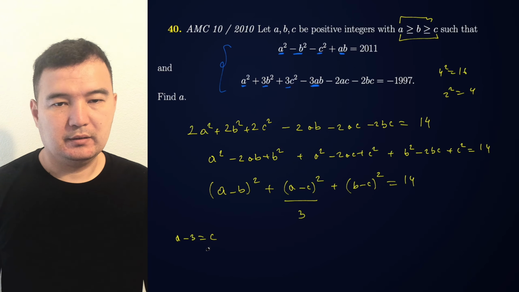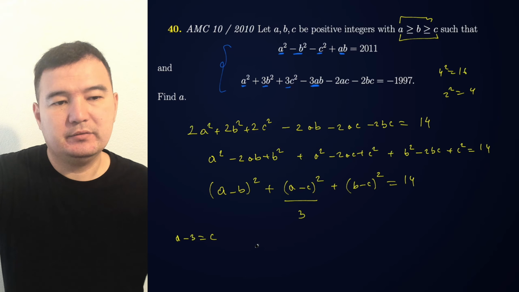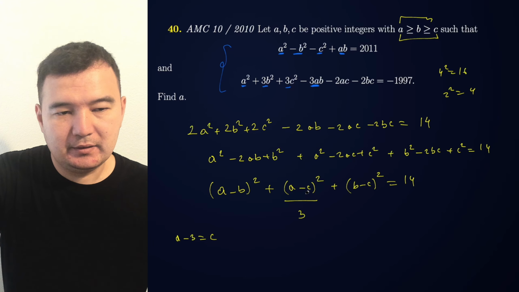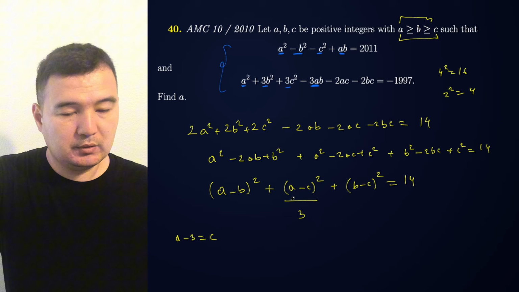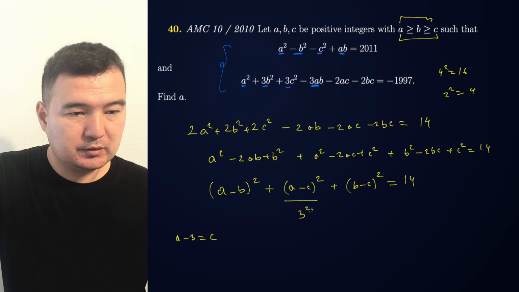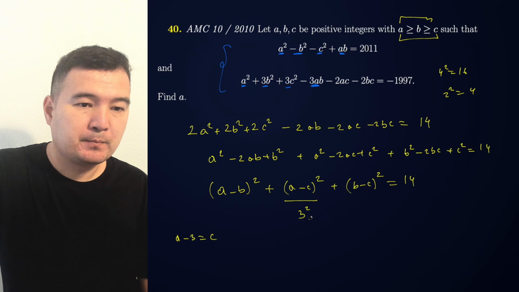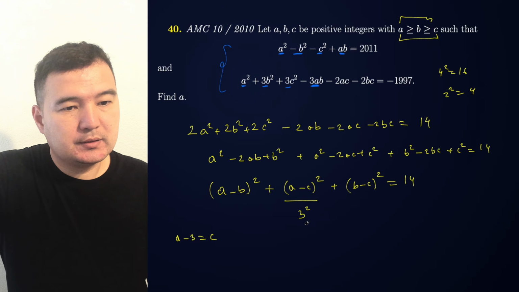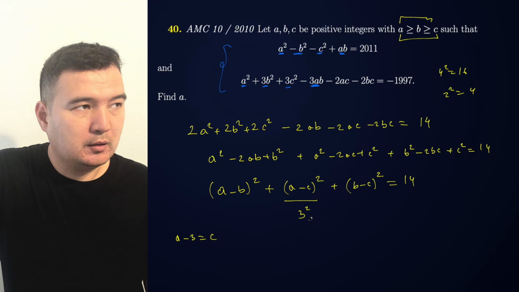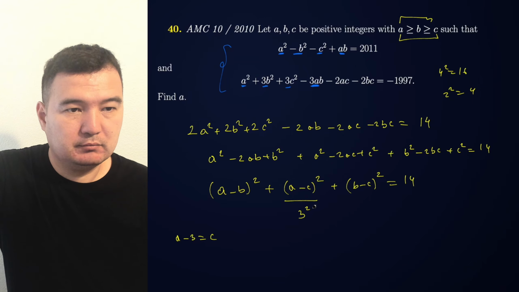I can write it like this: A minus 3 is C. So the difference between A and C is 3, and that gives me 9. So 3 squared is 9, and we need 5 more. 5 more means you cannot have 2 square and 2 square, that's more.